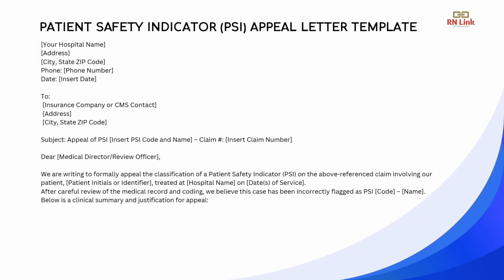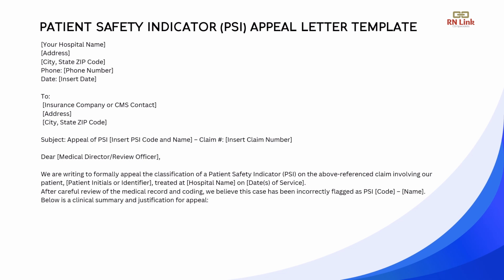Example of patient safety indicator appeal letter template. Write in your hospital name, address, phone number, date. 2. Insurance company or CMS contact. Address. Subject: appeal of PSI, insert PSI code and name, insert claim number.